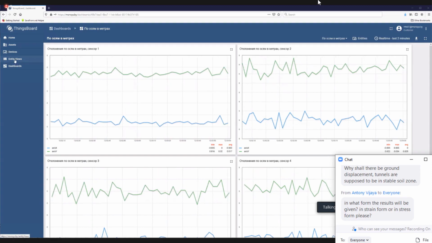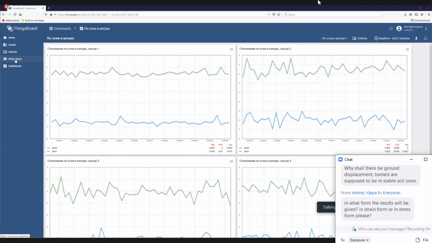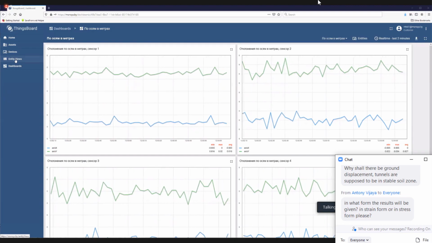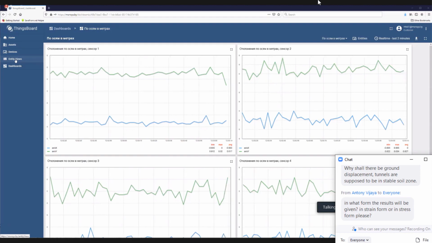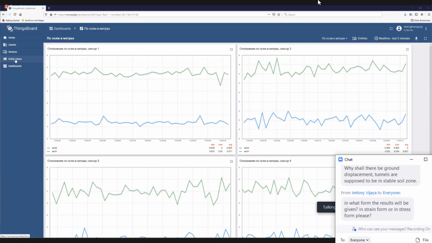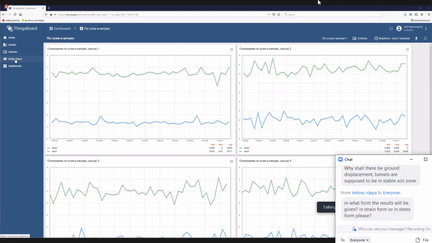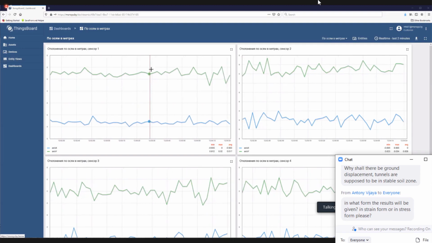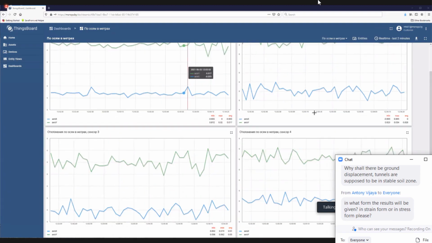We can offer and work with our customer as he wants. We have raw data, and then the representation can be of different kinds, whatever our client wants.